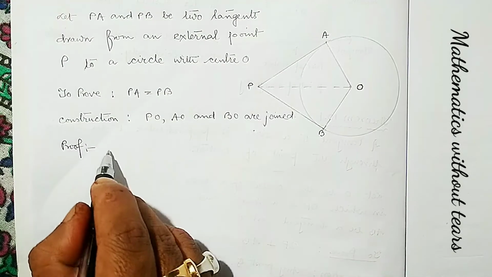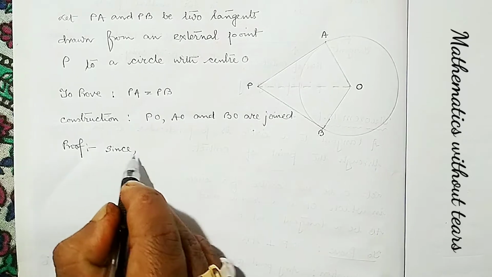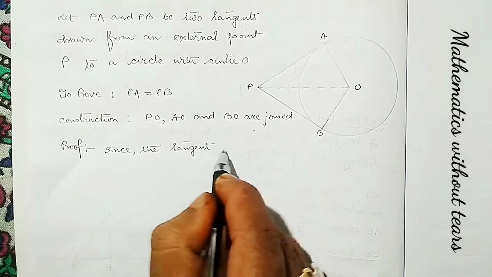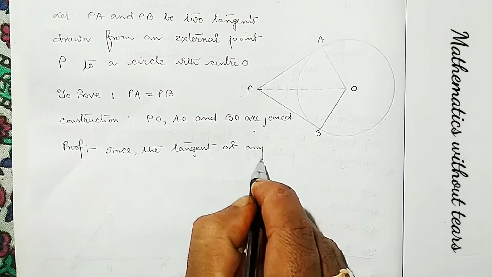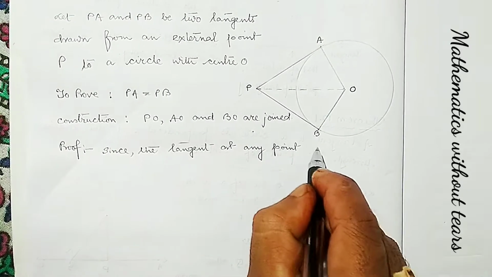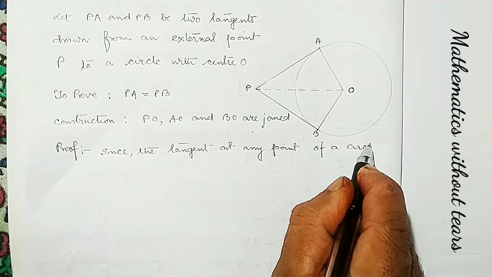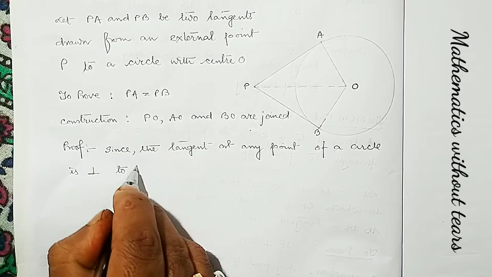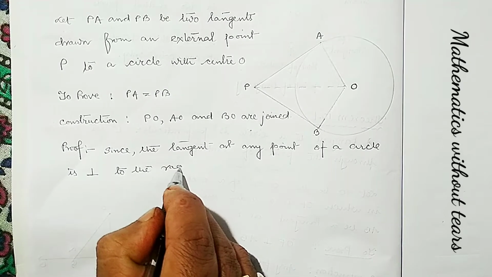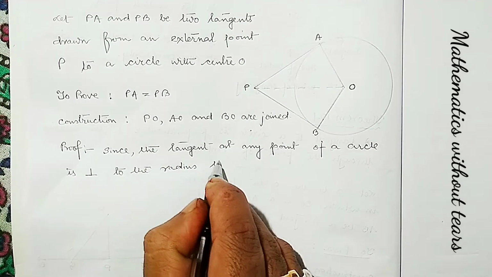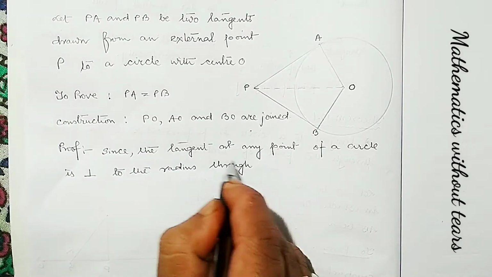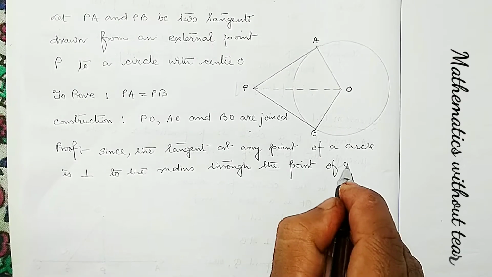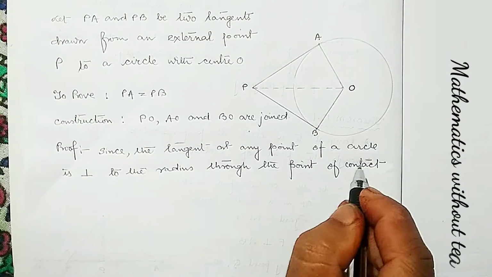Now in the proof section we can write, since the tangent at any point of a circle is perpendicular to the radius through the point of contact. This theorem I already proved.